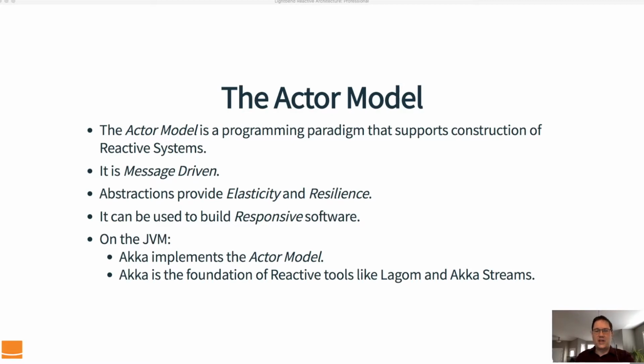Just to give you a little bit of history of the actor model, if you're interested, the actor model was not created by Akka. It actually has a very long history. It was created in the early 70s by a man named Carl Hewitt. And the basic idea is that the principal abstraction is encapsulating all computation inside of an actor.